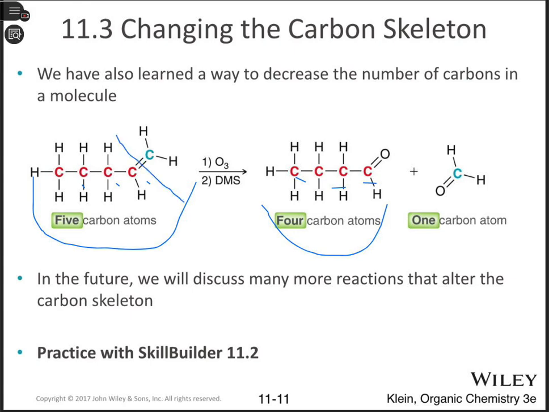Break the bond in the middle, you form aldehydes and ketones. Yes, crack it right there. In this case, we made 2 aldehydes, and the size of the molecule decreased. So there are times you might want to make the molecule smaller in size, and that's one way of doing it.